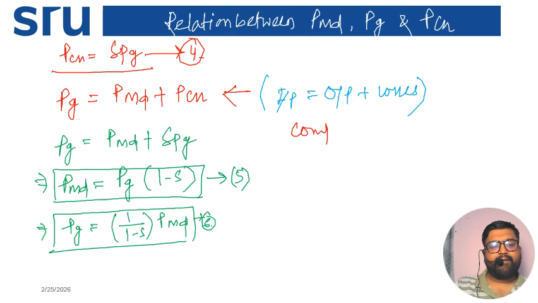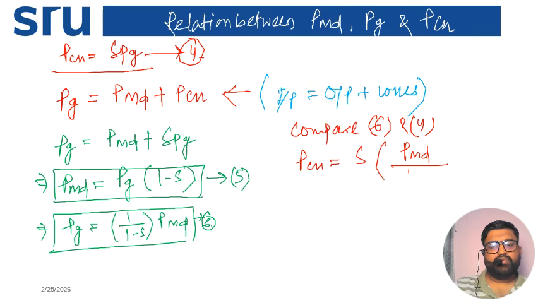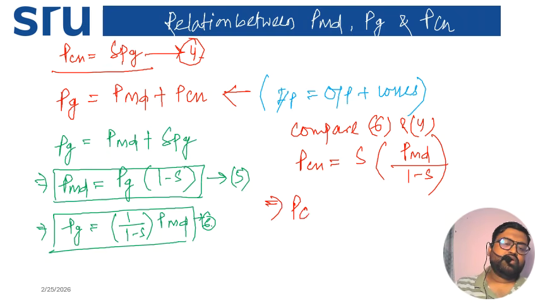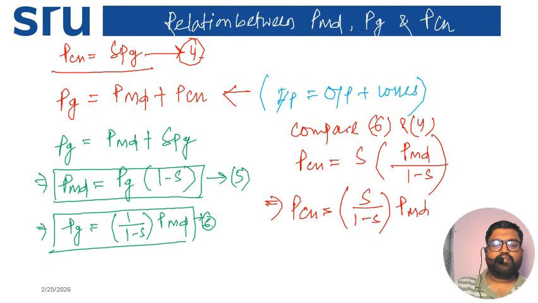Compare 6 and 4. What will you get? That P copper equal to S into Pg. Pg is nothing but PMD by 1 minus S. Then you simplify the copper loss: P copper loss equals S by (1 minus S) into PMD.